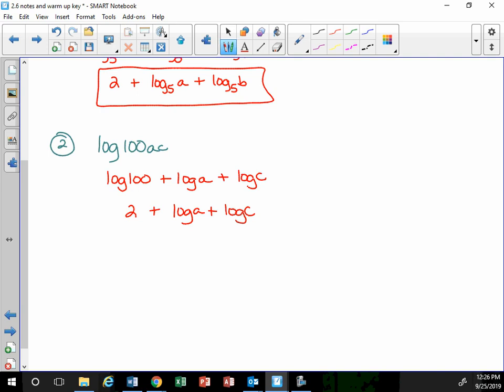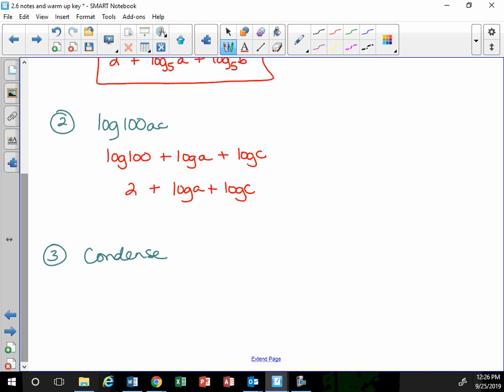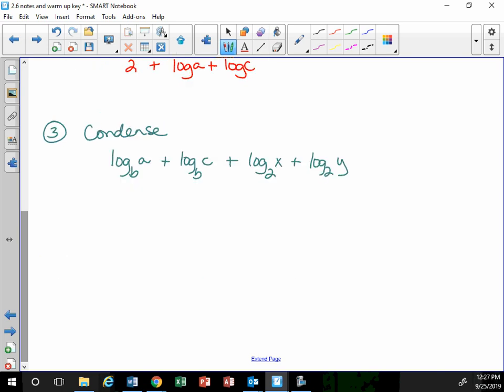All right, so now let's try going the other way. You are going to condense. I'm sorry, yes, condense. Mixing up which one we're doing. So I'm going to give you log base B of A plus log base B of C plus log base 2 of X plus log base 2 of Y. Okay.